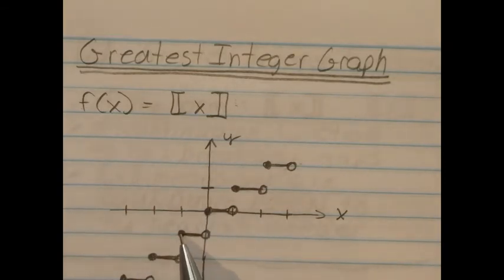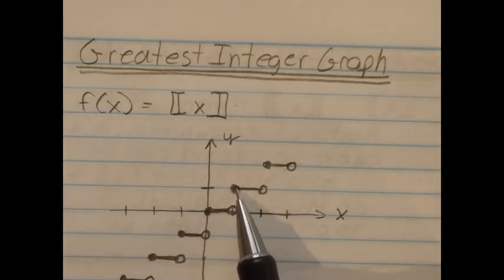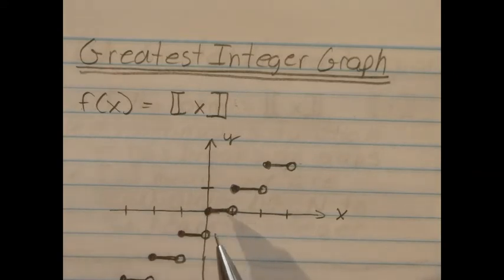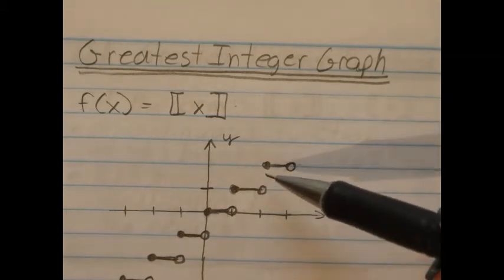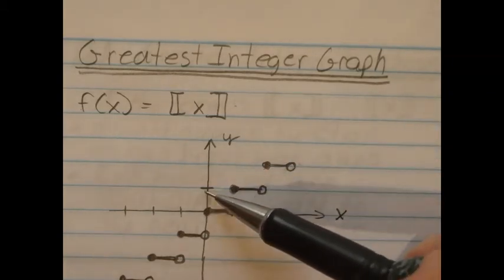And then on the other end, it is an open circle. And in between, you just connect these. Then you go to the next level up. And notice how each closed circle will fill in the open circle for every level.